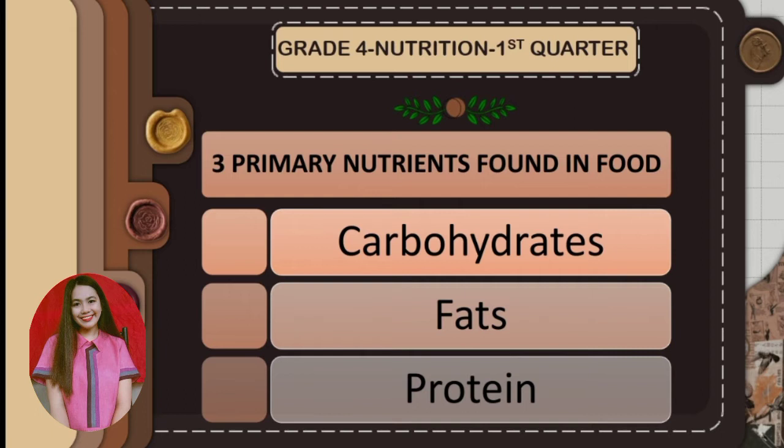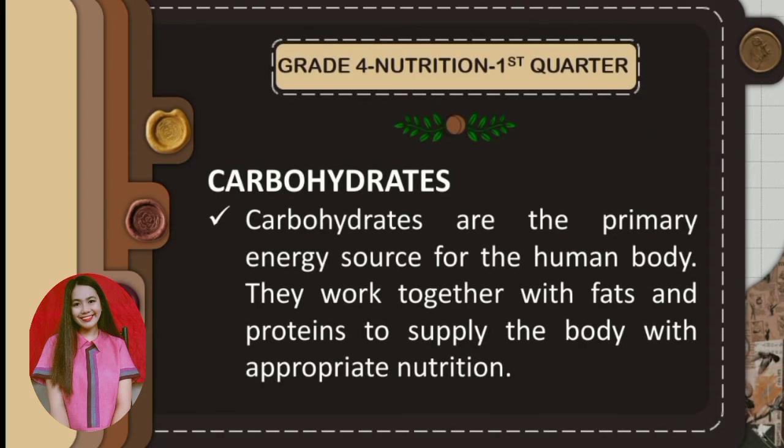to function properly. The first primary nutrient of food is the carbohydrates. Carbohydrates are the primary energy source for the human body. They work together with fats and proteins to supply the body with appropriate nutrition. Carbohydrates are made up of sugar and fiber.